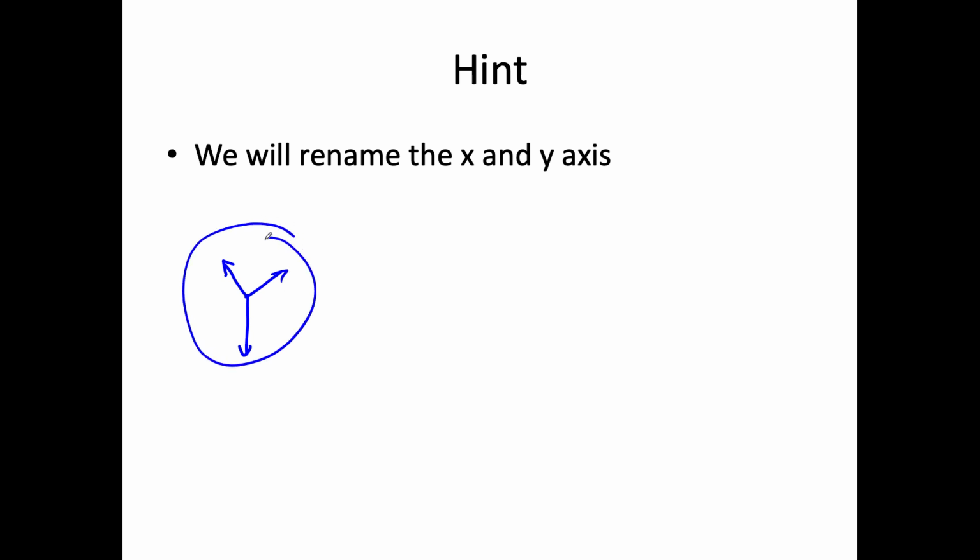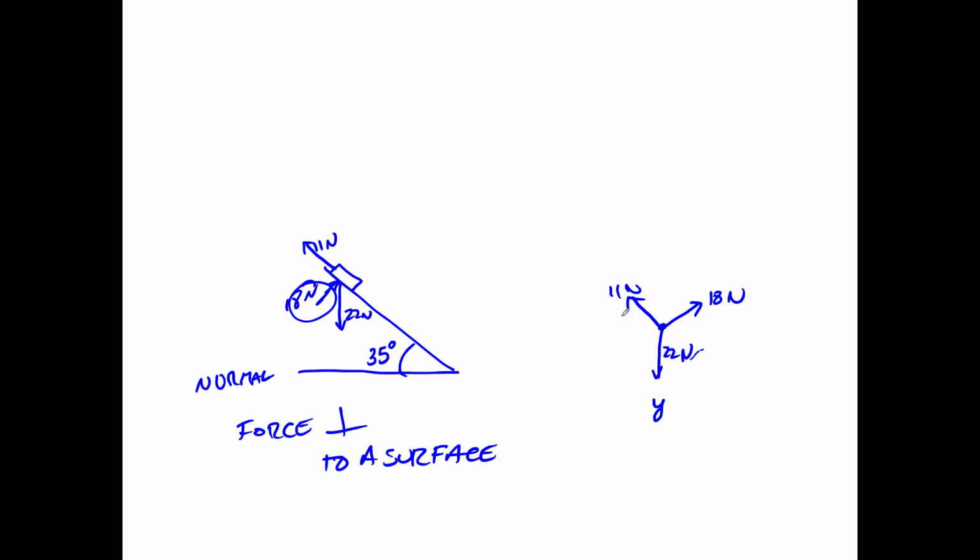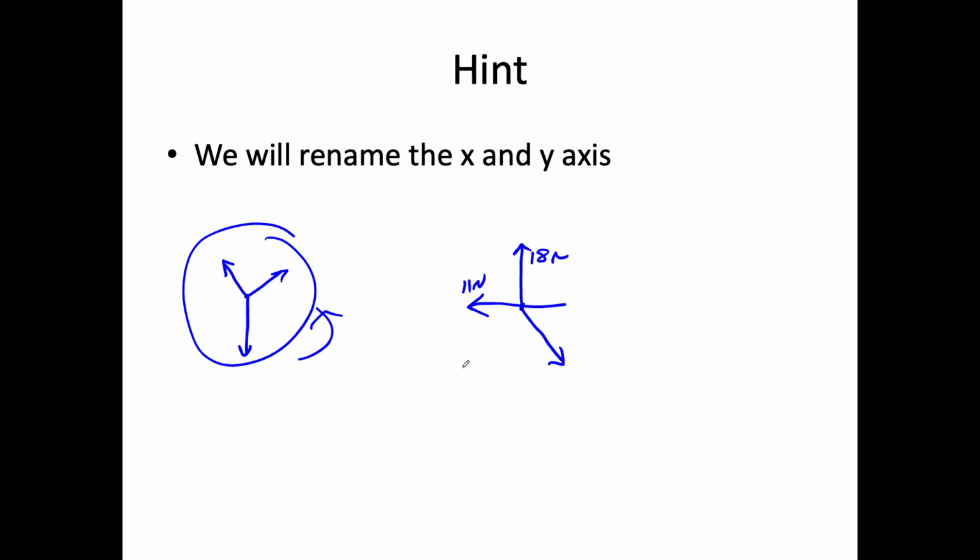I'm going to take this and rotate it this way so that we have this, where this is 11 newtons and this is going to be 18 newtons. Let me double check. Yep. And this is 22. Now, where's my angle? Which one of these is going to be 35?